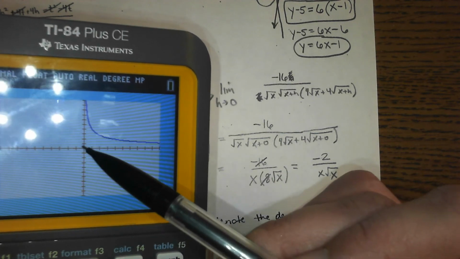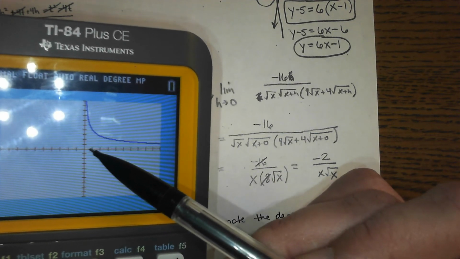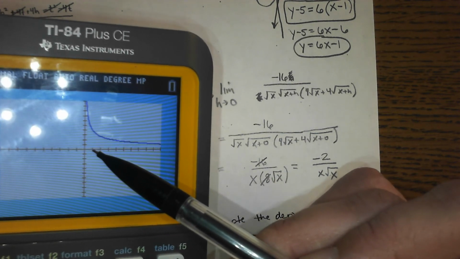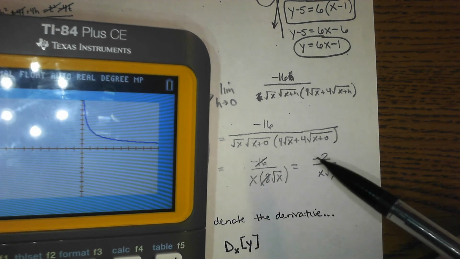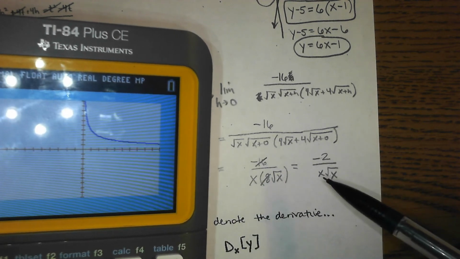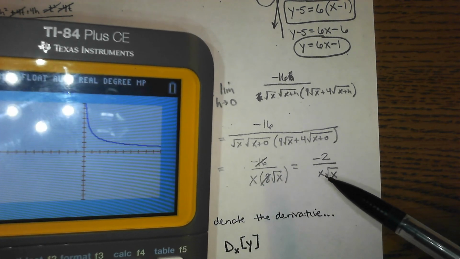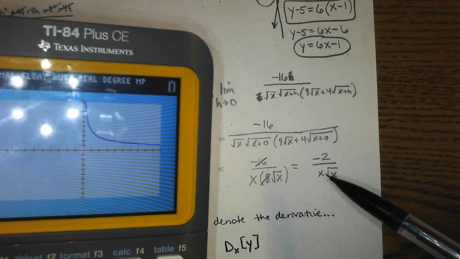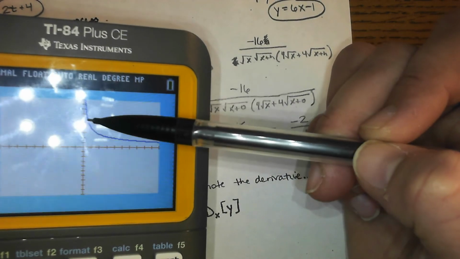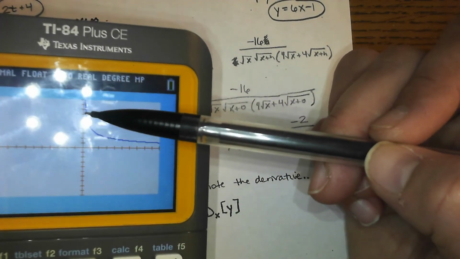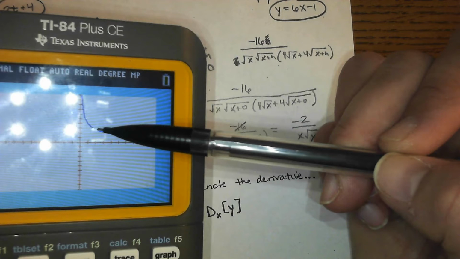Now, if you're plugging in just after 0, like a teeny tiny number, you're going to have negative 2 divided by teeny tiny numbers, which is negative infinity, right? It's a very steep negative slope. Gets infinitely steep, truthfully, in the negative direction.